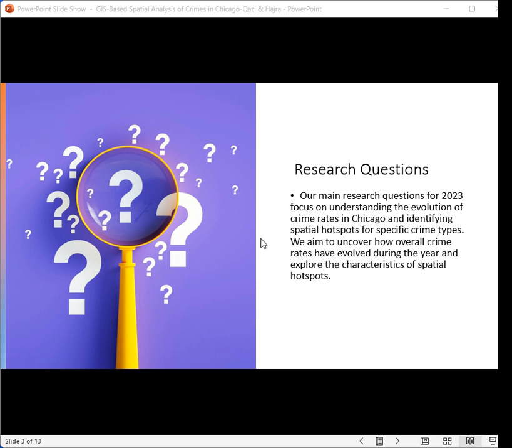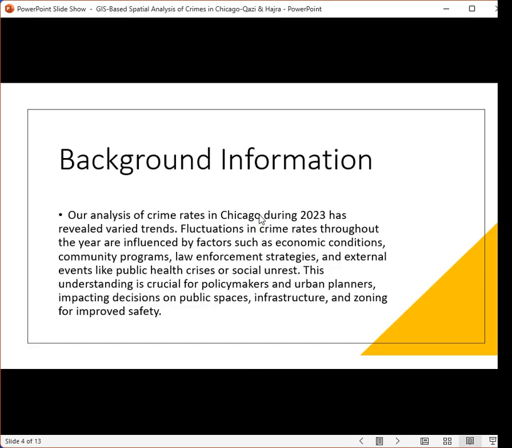So first, here is some background information about the factors behind these analyses: factors such as economic conditions, community programs, law, and external events like public health crises or social events. This understanding is critical for policymakers and urban planners.